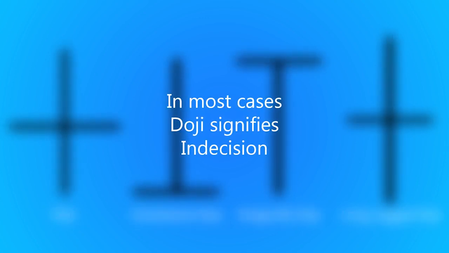If it's found at the top of the market or after a continuous uptrend, it implies that bulls are rethinking their position, readjusting to the new reality and new price, because the price has gone too far from the fundamentals and now they are indecisive. Similarly, in a downtrend, Doji can imply indecision because the bears are rethinking their position, whether they want to continue selling or now is the time to become a bull.